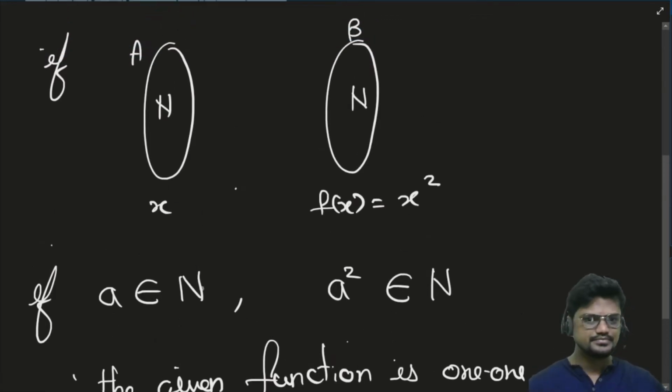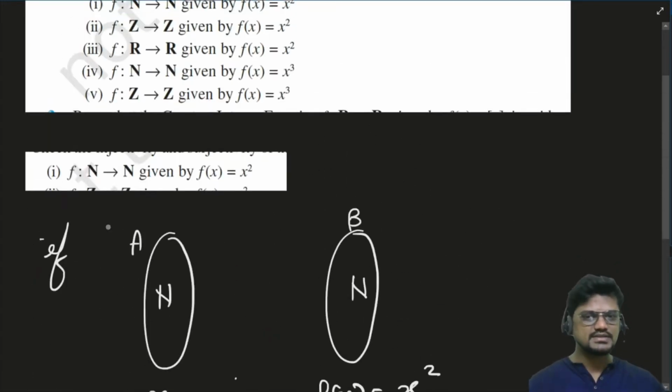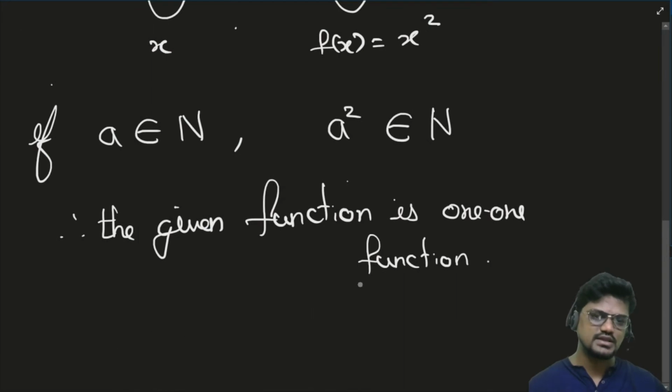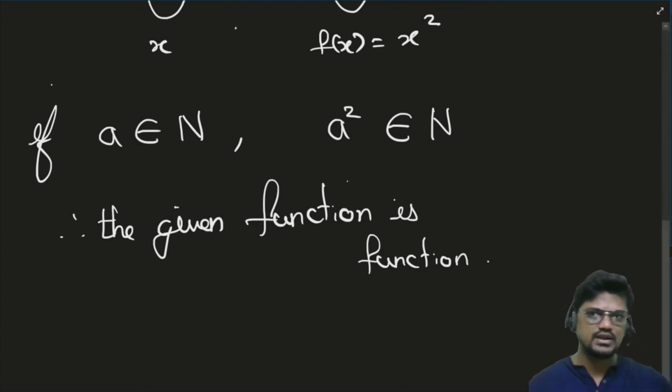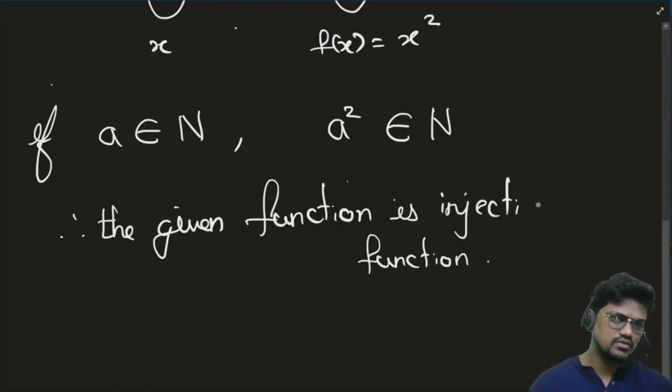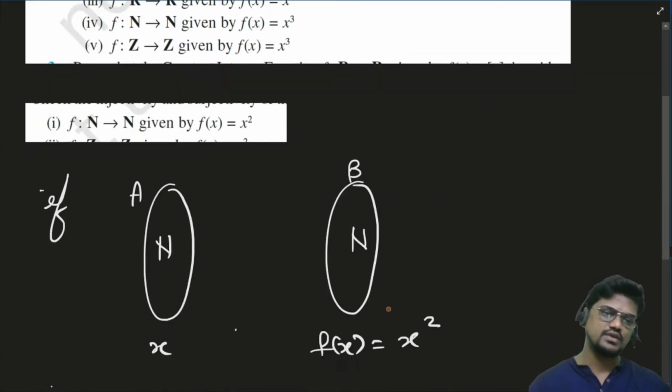Very clear, right? Now if it is a 1-1 function, I'll write that the given function is injective, because in the question it is asked whether it is injective or surjective. 1-1 and injective are both the same. That's why I have written injective over here.